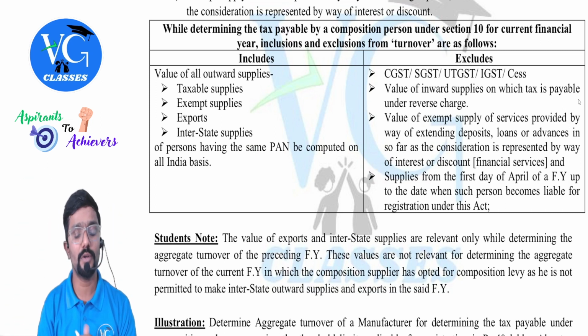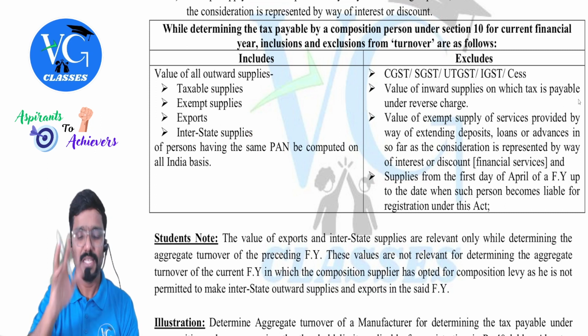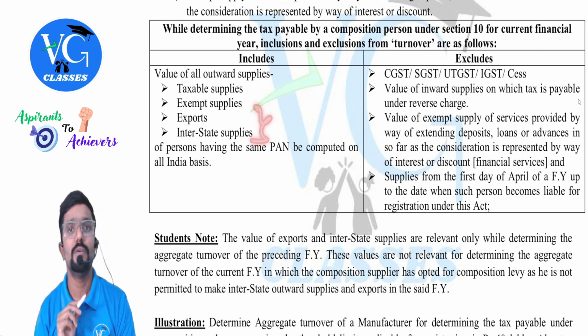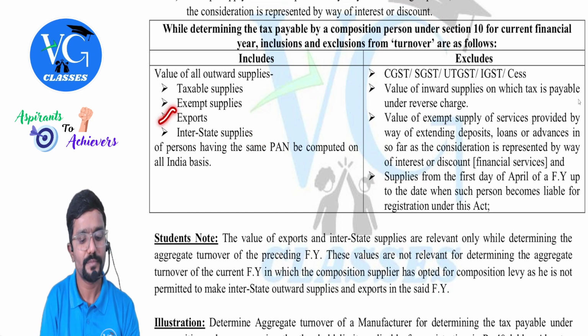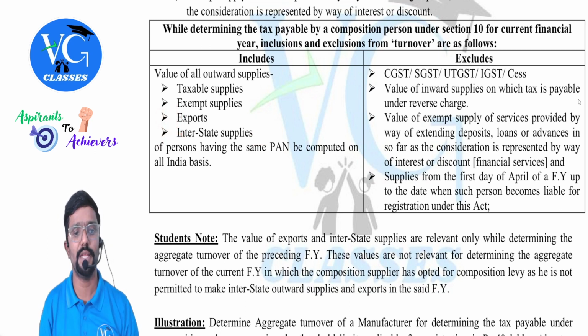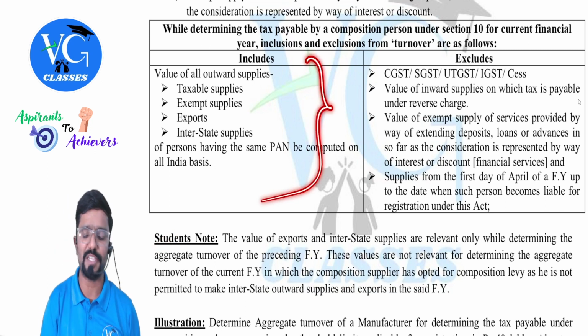No, export is also not allowed. But still, it is given as a point, though it is like a dead point, because you cannot have this. Don't scratch it, but I'm just telling you. I have anyway given a students' note here: a person having the same PAN is to be computed on an all India basis. Okay, nothing special here.